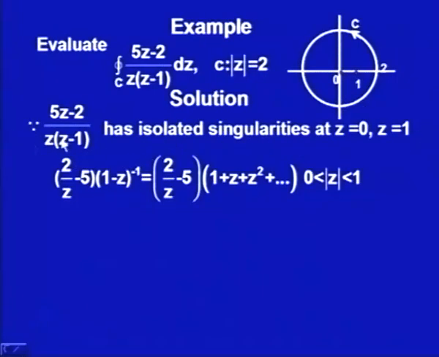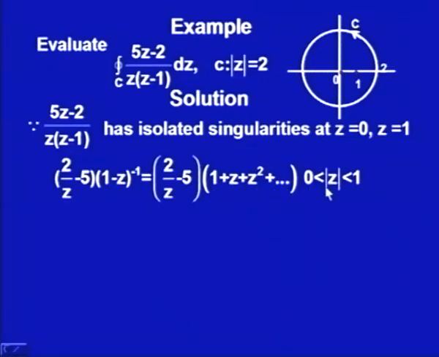For 0 and 1 here we have z - 1. If I write it as (1 - z) to the power minus 1, we know that the Maclaurin expansion for this is valid when |z| < 1, that is 0 < |z| < 1, since we are talking about the Laurent series with respect to the singularity 0. So, we have (2/z - 5) times the Maclaurin expansion of (1 - z) to the power minus 1, which is 1 + z + z squared and so on.